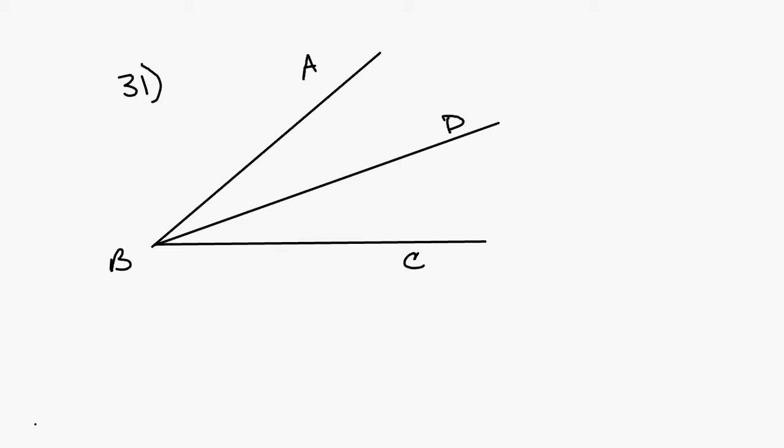The measure of ABC, the entire angle, is equal to 7x. So this entire angle right here is 7x degrees. The measure of ABD is 3x plus 13.